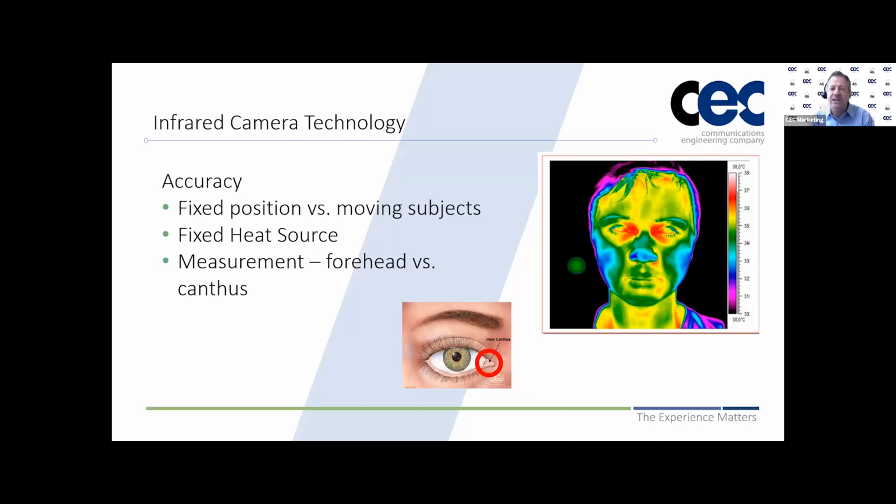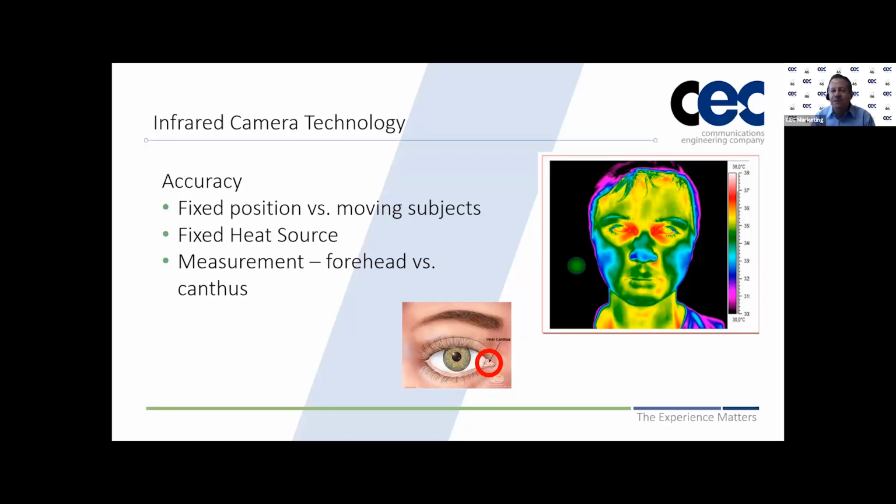Therefore, it's a great area to produce those measurements from. As a matter of fact, the cameras that measure at the inner canthus and use a fixed temperature emitter typically will call out accuracy of plus or minus 1/2 of 1 degree Fahrenheit.